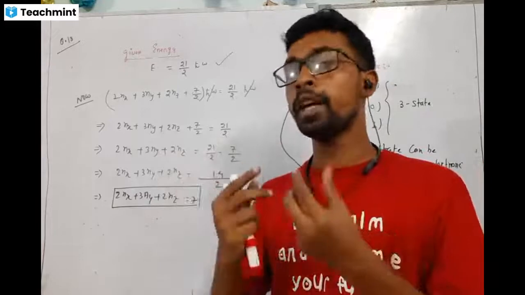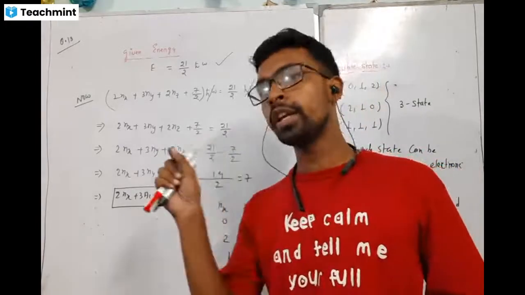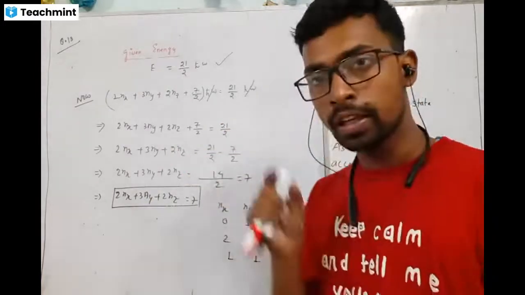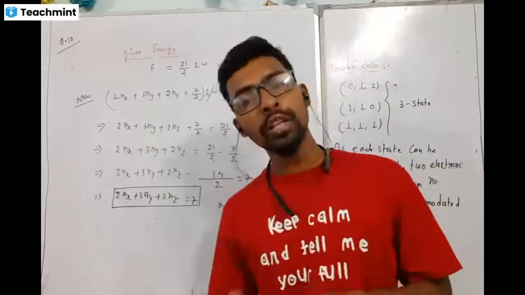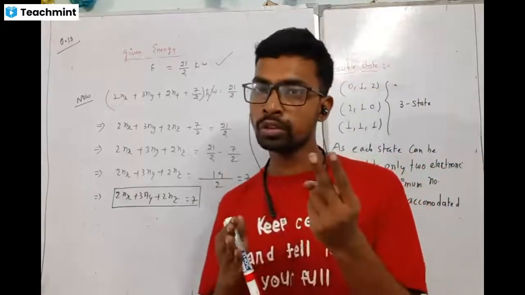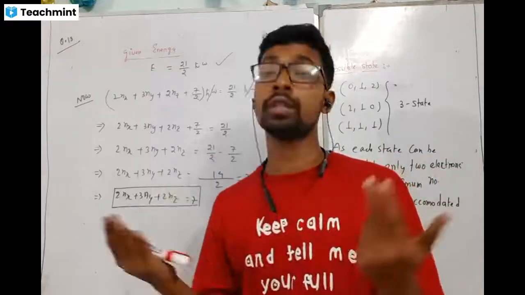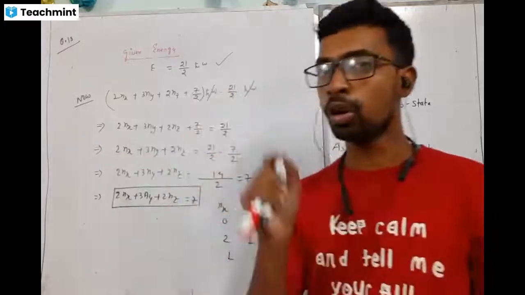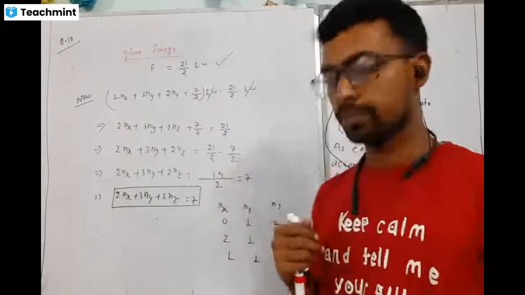You will get a relation, substitute the values of nx, ny, nz in it, and then find the levels and count the number of levels, and we know each level consists of only 2 electrons. So then you can find the maximum number of electrons that can be accumulated in the corresponding energy level or energy state. This is the procedure, you can follow it and you get the answer.